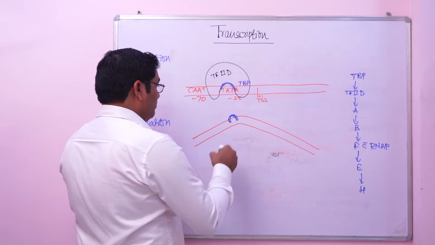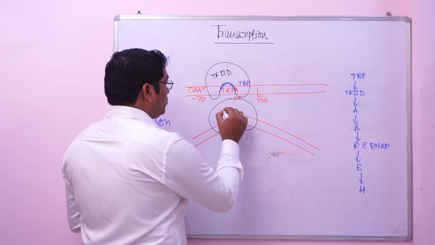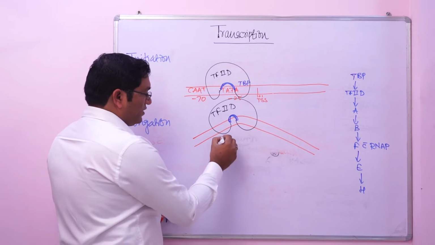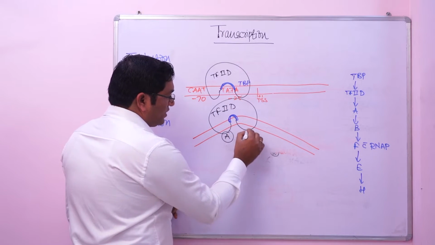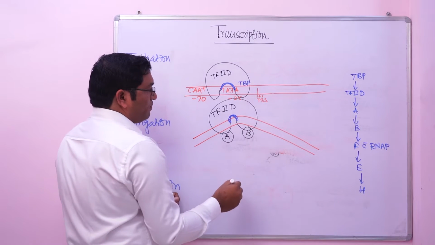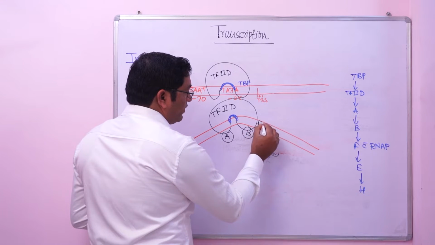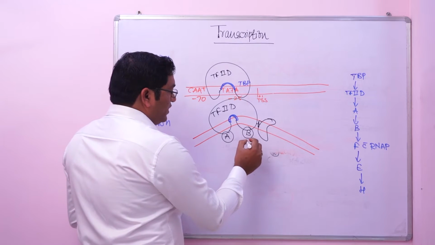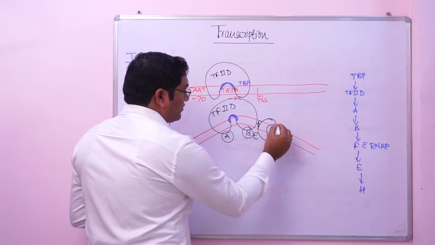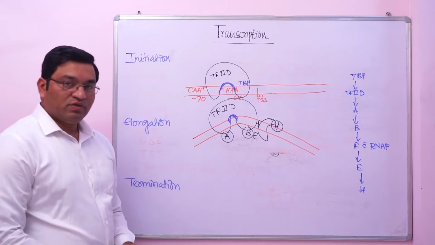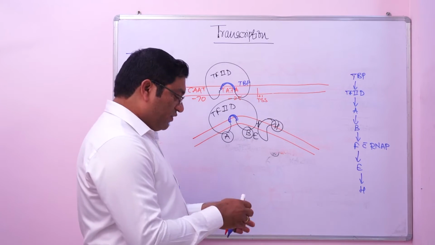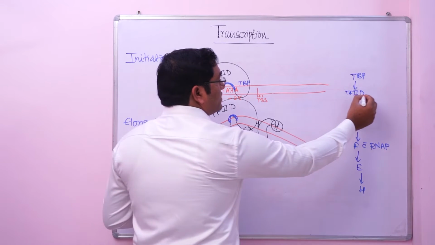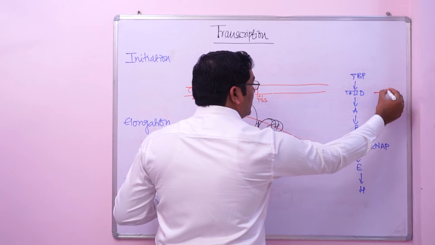This is TBP, this is transcription factor 2D, then A will attach, then transcription factor B, then F with polymerase, then transcription factor E, and transcription factor H. So every factor has its own function.